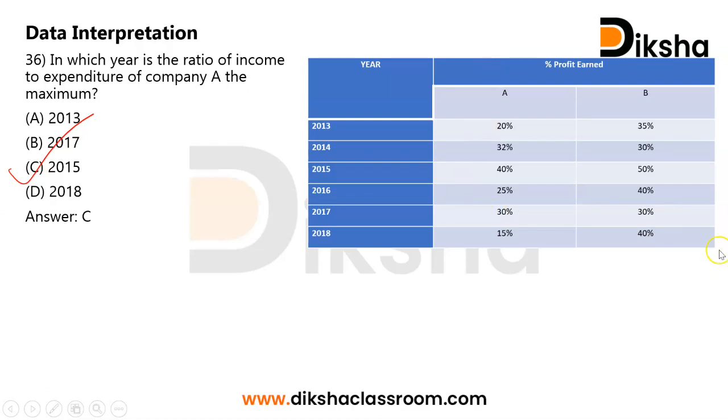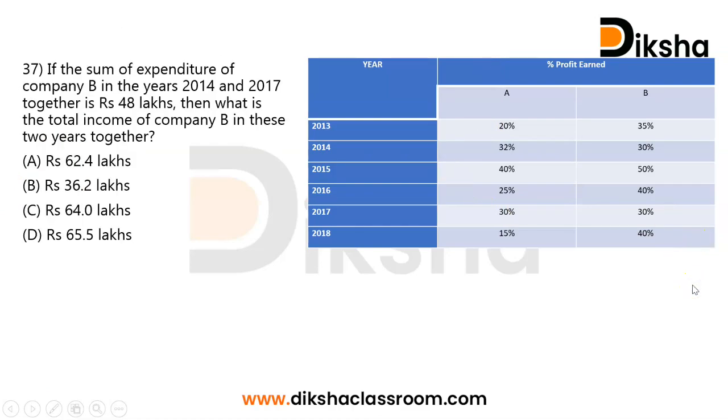So moving to the next question. If the sum of the expenditure of company B in the year 2014 and 2017 together is rupees 48 lakhs, then what is the total income of company B in these 2 years together? Okay, that's it.